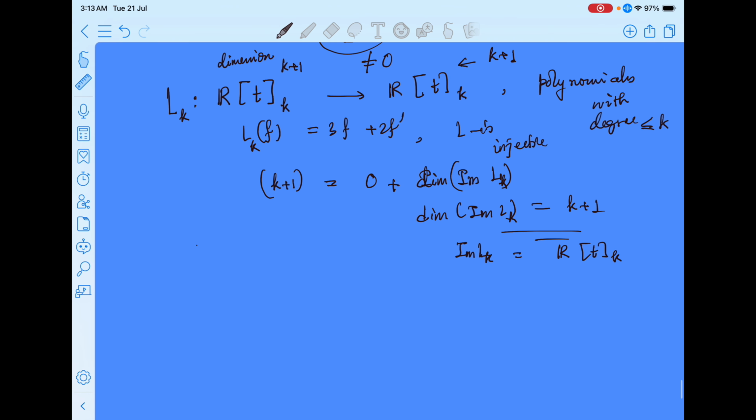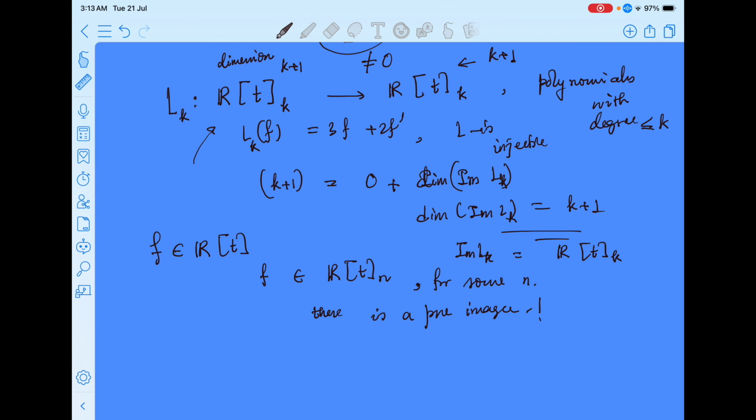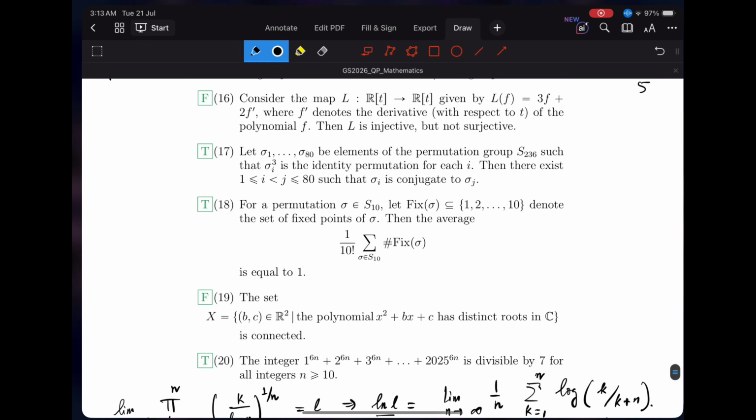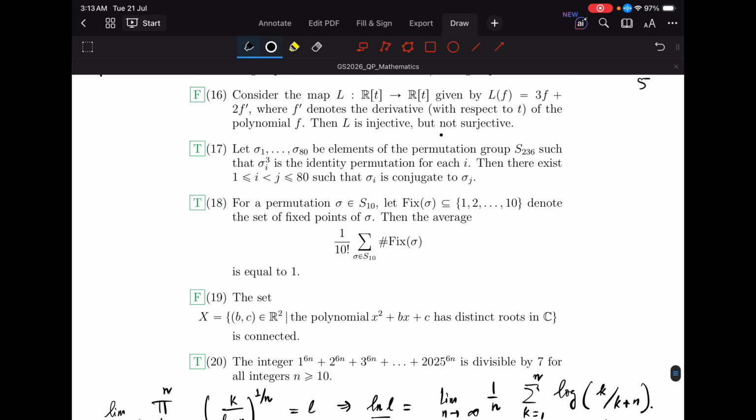If you choose any polynomial f, it lands inside exactly one R[t]_n for some n, and then there exists a pre-image by this map. The function is surjective, so they are saying not surjective, so this is also false.